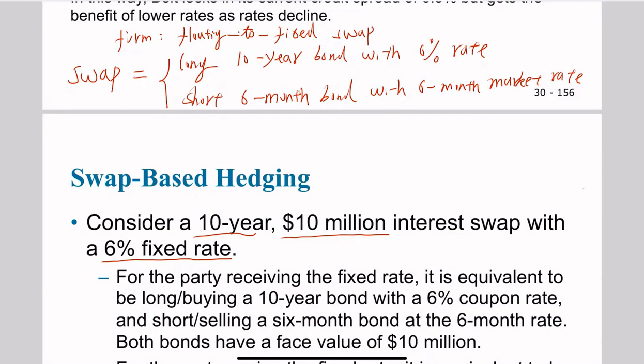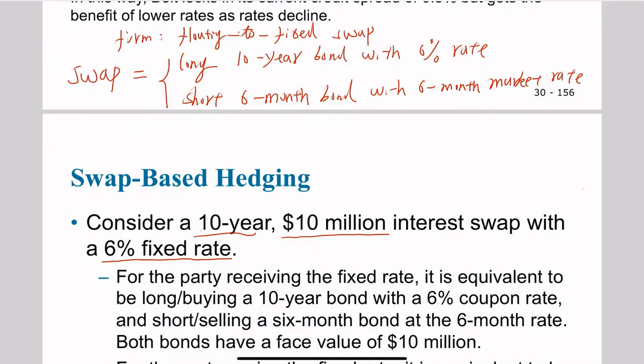So why? How do we get this result? Well, because these two cases have the same cash flow, right? Remember that in the floating to fixed swap case, the firm is paying this 6-month market rate and getting this 10-year 6% fixed rate.